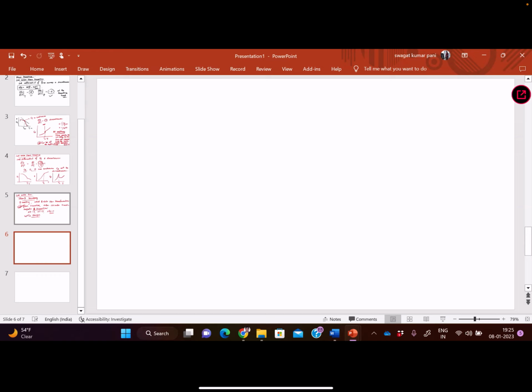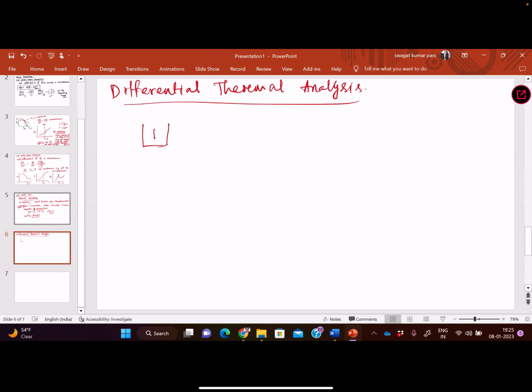Now let's discuss some thermal analysis, like DTA, differential thermal analysis. In this, what we do, we have a reference material and we have a sample. The reference material could be nickel or alumina, Al2O3. The sample, whatever we have, we can choose.